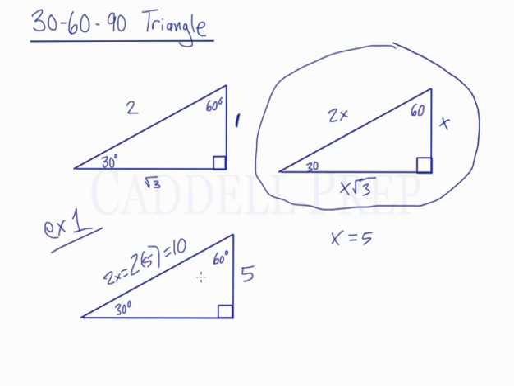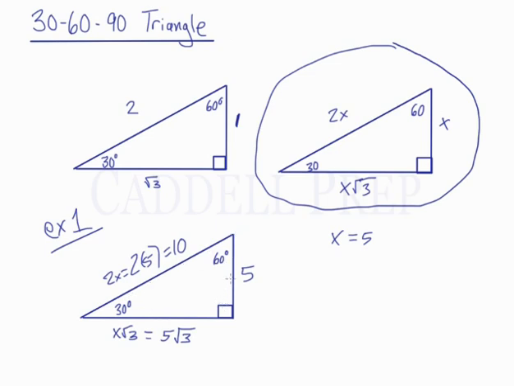This side down here is across from the 60-degree angle. And in our diagram here, across from the 60 is x radical 3. So that means this side is x radical 3. And we know that in our example, x is 5. So this is just 5 times radical 3, or 5 radical 3.